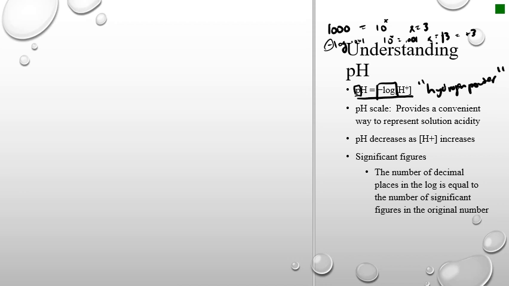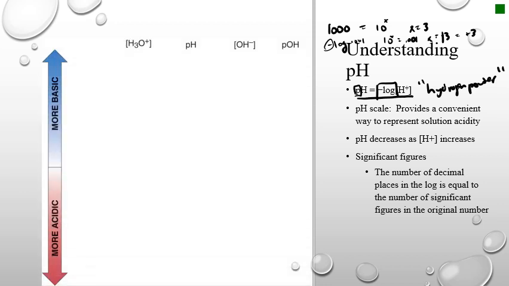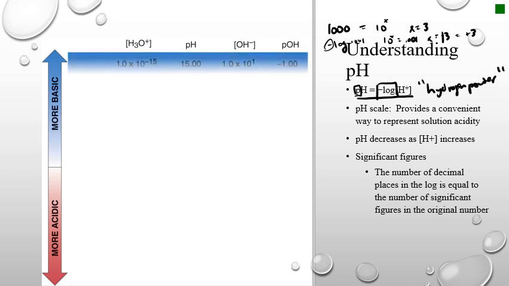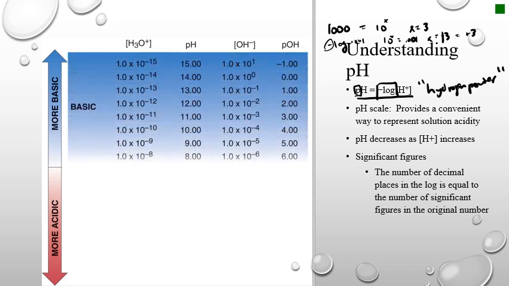So when we talk about the pH scale, it is kind of inversely related to what you would think. As the strength of the acid increases, again, the H plus is increasing, the pH is going to decrease. Typically, the pH is going to run between 0 and 14. The lower the pH value is, the more acidic the solution would be, so the higher concentration of H plus. When we look at the OH minus concentration, the more acidic it gets, the smaller the amount of OH minus is in the solution.